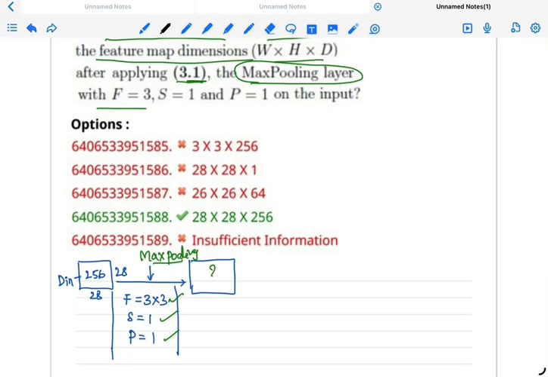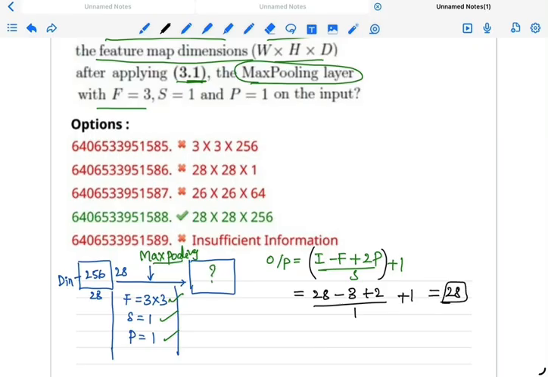So how to find the output dimension size? The output size is equal to input size minus filter size plus 2 times padding, divided by stride, plus 1. That is 28 minus filter size 3 plus 2 times padding 1, divided by stride equal to 1, plus 1.